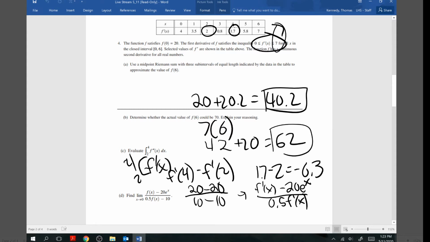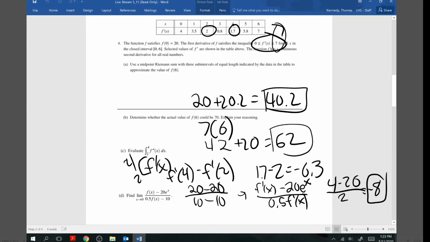Now if we plug in all these values, which we do know, f prime of 0 is 4. It's still minus 20, because 0 plugged in still gives us a 1 for e to the x. And half of 4 is 2, that's our bottom, and so this is negative 16 divided by 2, or negative 8. And that's it.